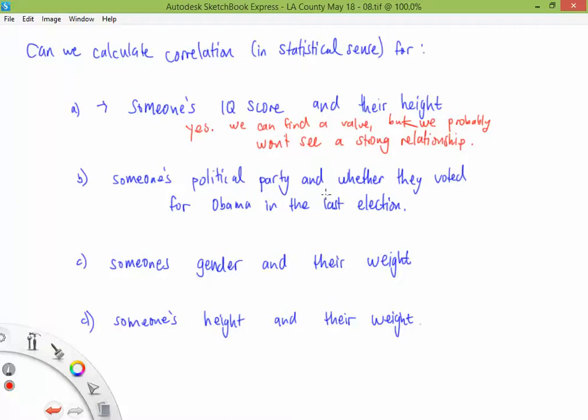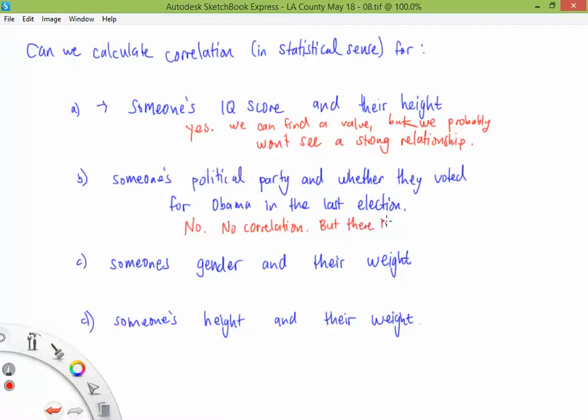What about someone's political party and whether they voted for Obama in the last election? No. Okay. No correlation in the statistical sense. But is there a relationship between these two things? Yes, there is a definite relationship, but we cannot talk about it in terms of correlation, okay?